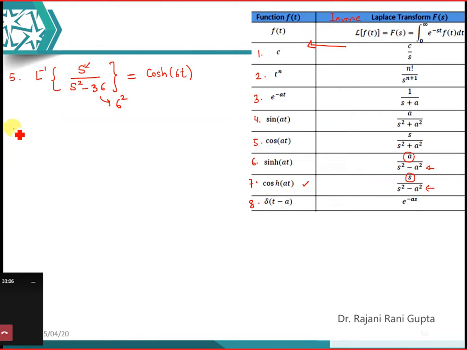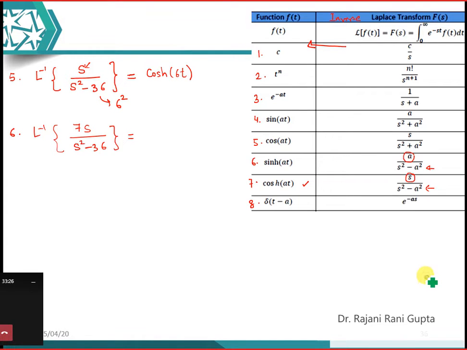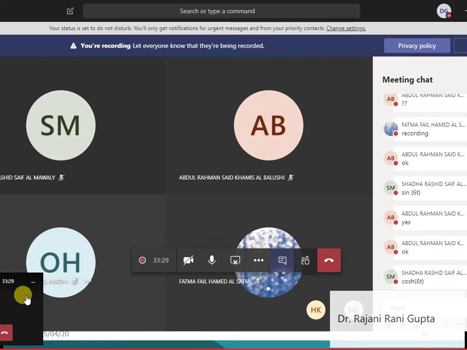Now, if you have Laplace inverse of, in the same example, 7s over s square minus 36. Can you tell me what will be the answer in this case? Yes, write your answer. I'm watching. Just think how you will work with it. 7 cosh 6t, correct.